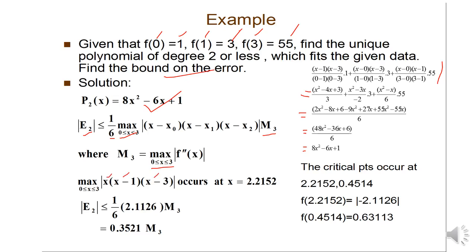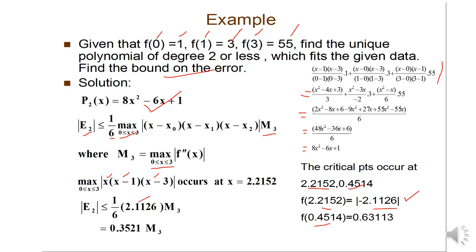So we multiply them, then find the first derivative and put it as 0. We got 2 values of x, which are 2.2152 and 0.4514. We calculated the function value at these, taking the mod because one is a negative value, and the other value is this, so among these this value is higher, bigger. So the value of this maximum of x(x minus 1)(x minus 3) where x lies between 0 to 3 is 2.1126.